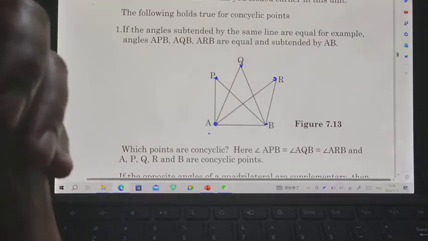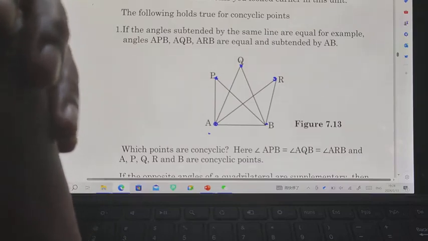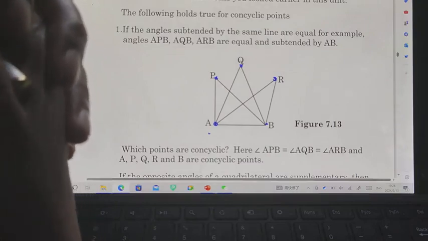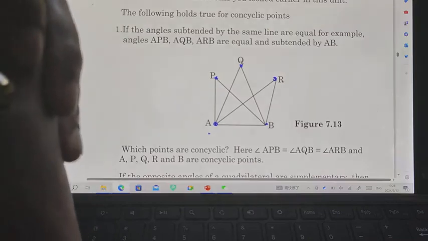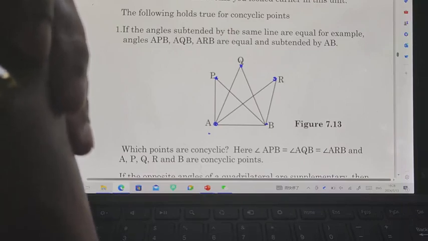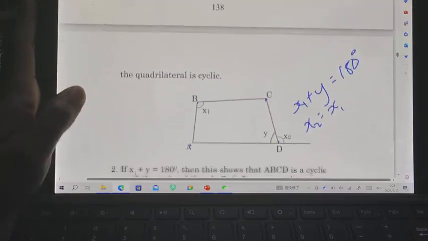Komano tikamapanga zimenezo you'll find out kuti almost all the theorems zimene tapanga mu circle geometry will be used here. So I want to urge you to have an open mind. Don't think inside a box. Consider all the theorems that you know about circle geometry at this level.